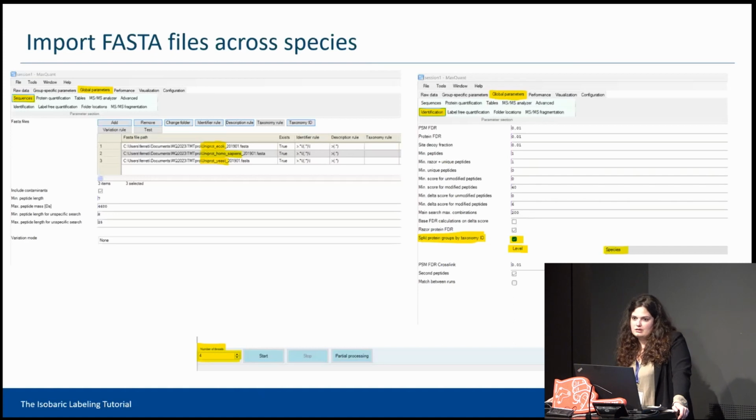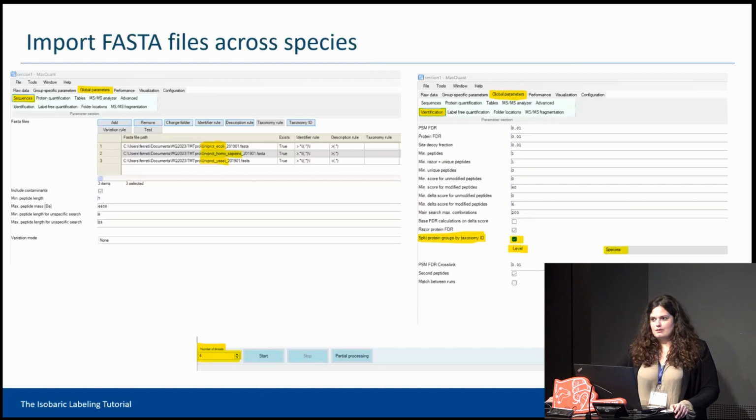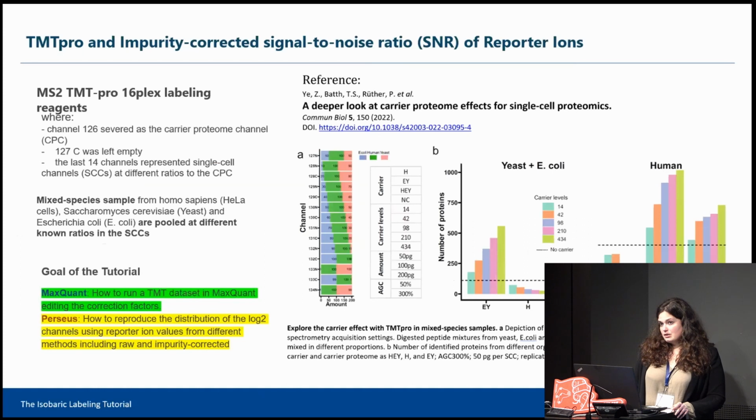Just have a look at that, because for a DDA TMT you need 2 GB of RAM for each thread. So if you have, I don't know, 80 GB of memory, you can use 40 threads. Okay, we did it in MaxQuant.